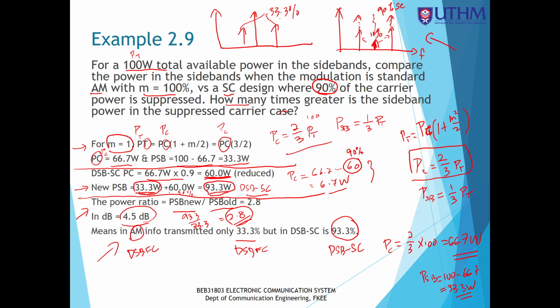So the sideband contains information, so we need the sideband power to be as high as possible.